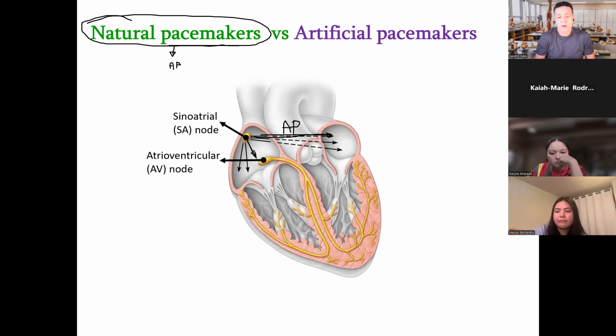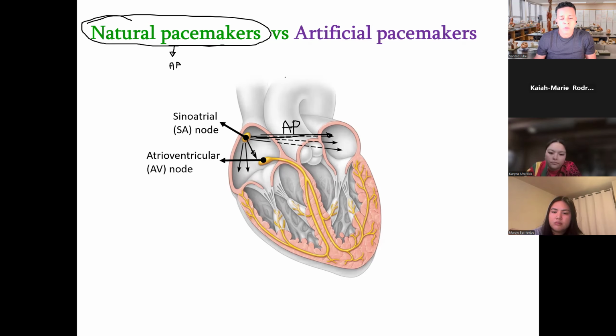And this is how our heart is going to contract in a very coordinated manner. We're going to start with the contraction of the atria first, both of them at the same time. Then we're going to have the contraction of the ventricles, both of them right and left at the same time.